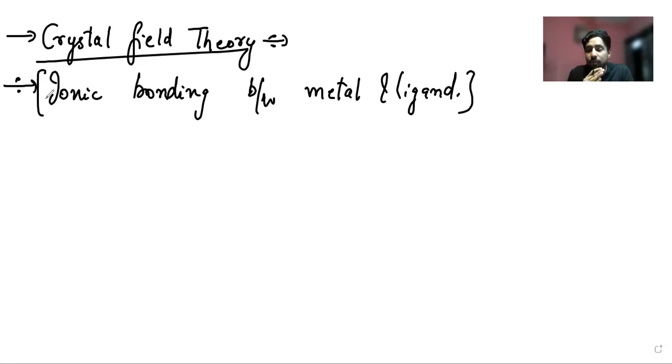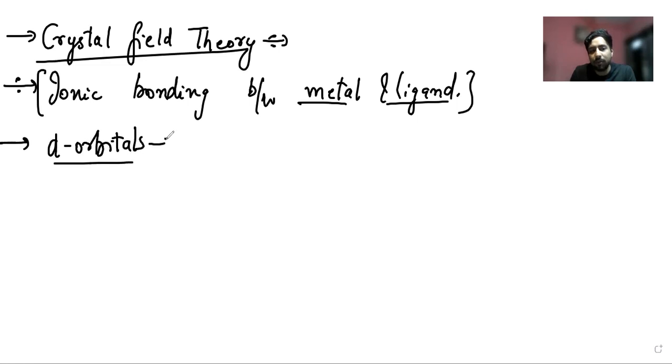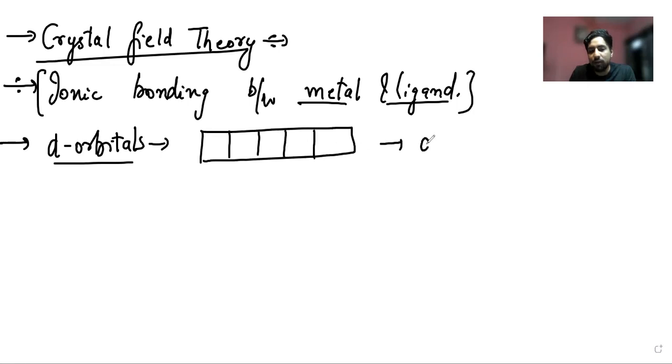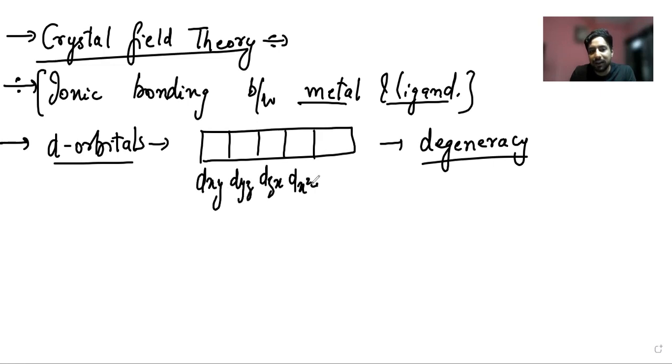So this theory says that the ligand and metal have which type of bond? Ionic bond. Now we know that all the d orbitals are degenerate, meaning they possess the same energy. These are dxy, dyz, dzx, dx square minus y square, and dz square.